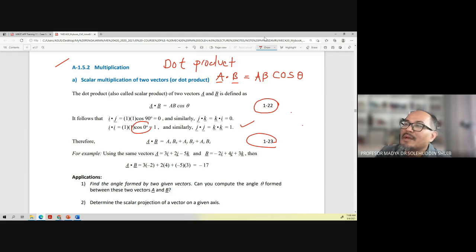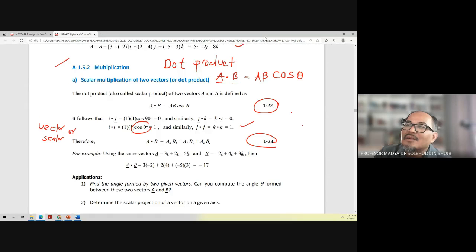When you do the dot product, my question is, is a dot product a vector or a scalar? How many of you say the dot product is a vector?